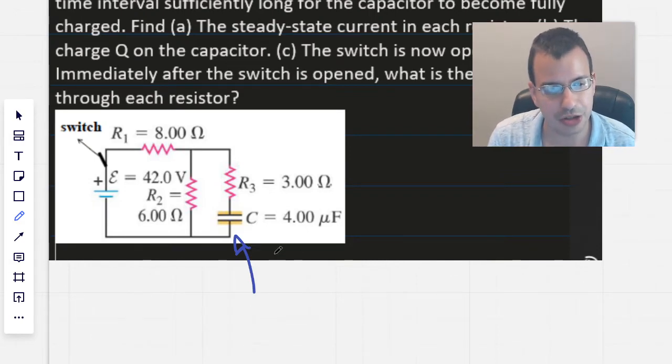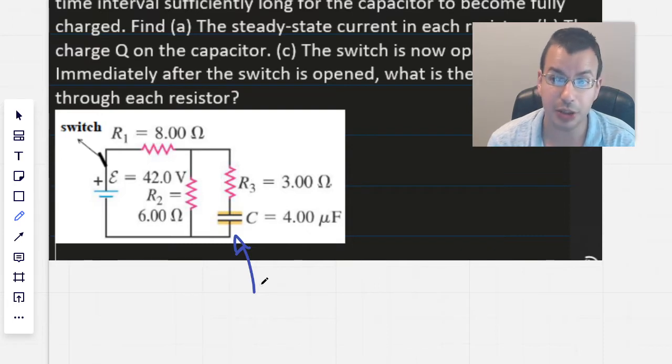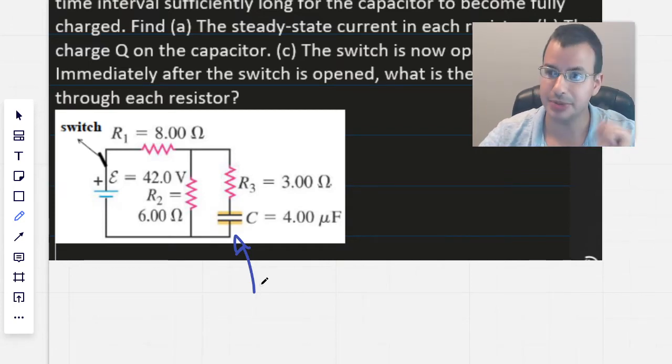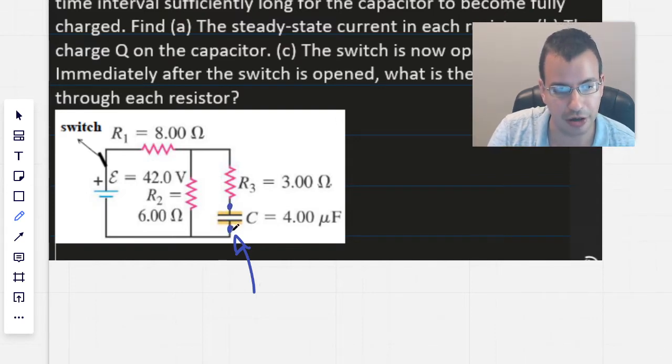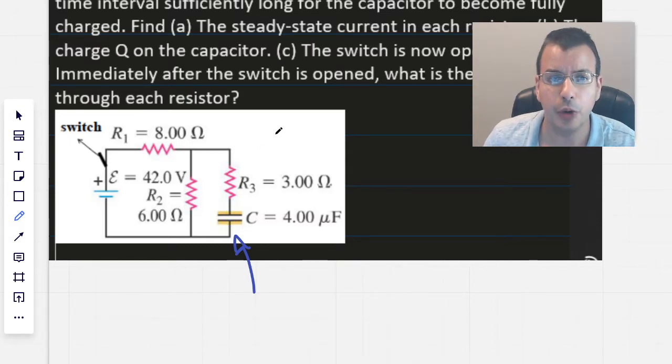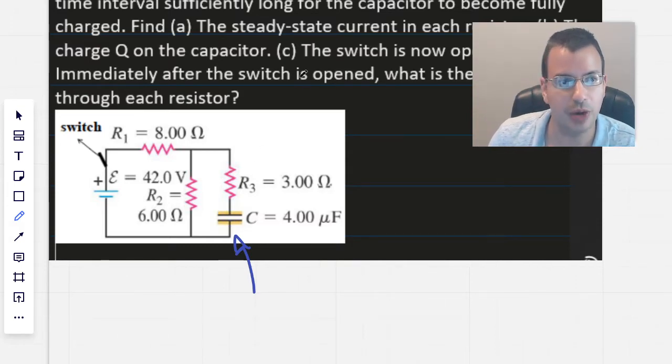What it really tells you is that at time t equals 0, we model a capacitor as a short, providing 0 resistance. At time t equals infinite, it equals an open, basically as if it's just two open ports right there. No current can go through. So what we're looking for is the steady state after it's become fully charged.